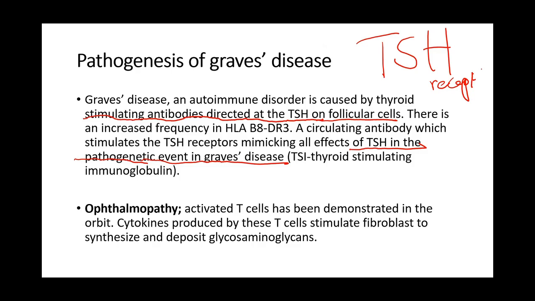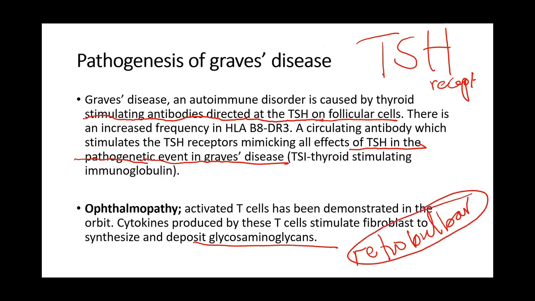Now, ophthalmopathy. Activated T cells have been demonstrated in the orbit, okay? Cytokines produced by these T cells stimulate fibroblasts to synthesize and deposit glycosaminoglycan. So there's a retrobulbar deposition of mucopolysaccharides, okay?